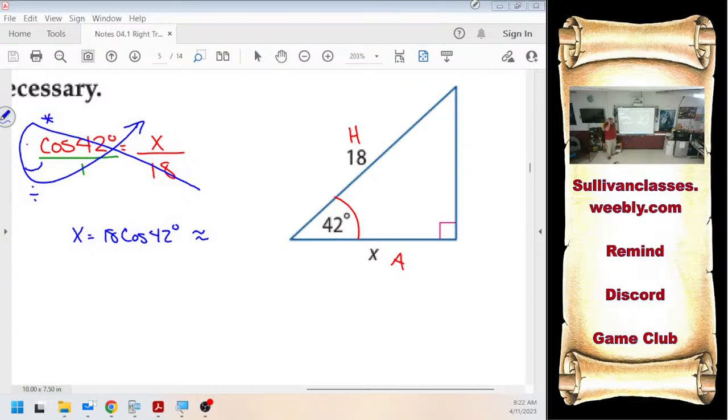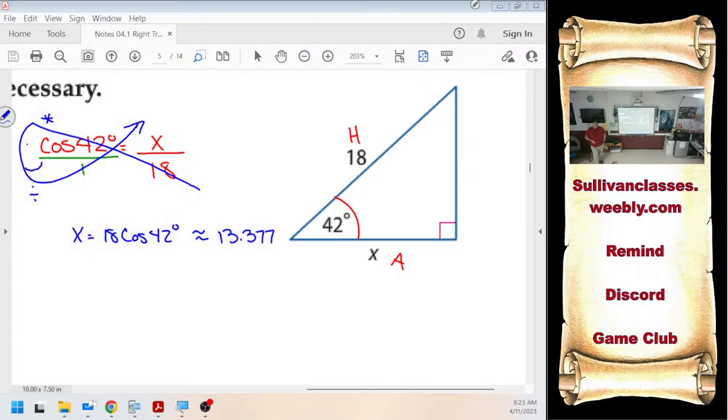So, 18 cosine of 42, make sure you're in degrees. What do we got? 3 places, please. Okay. And this is actually where my 3 decimal places rule came from. X. You found it.